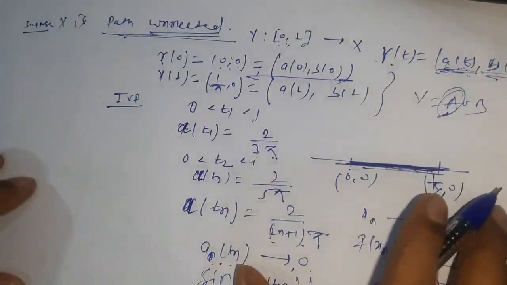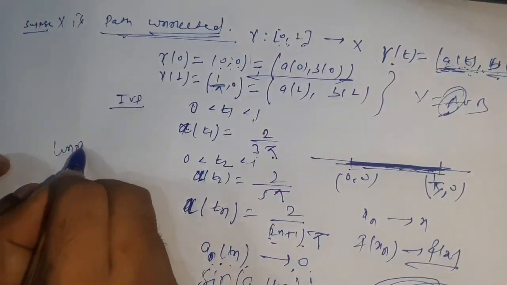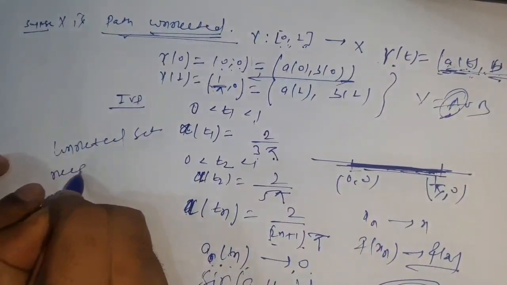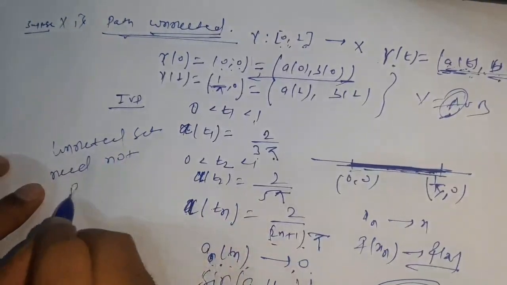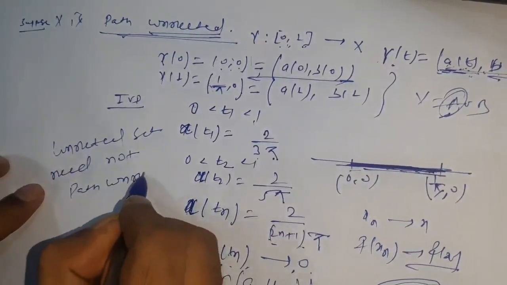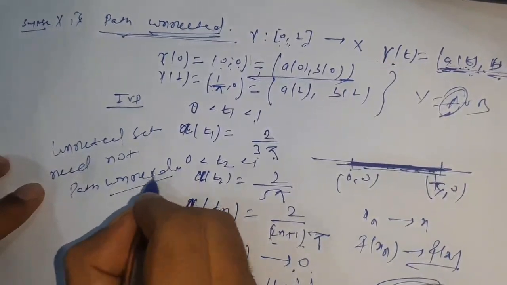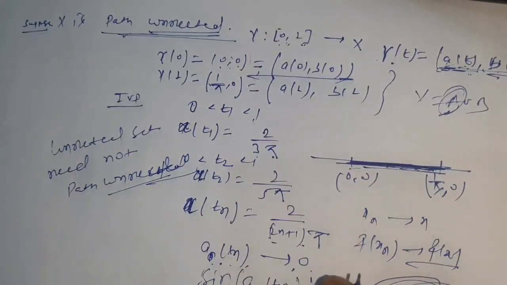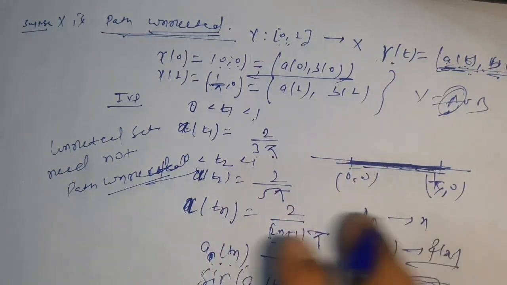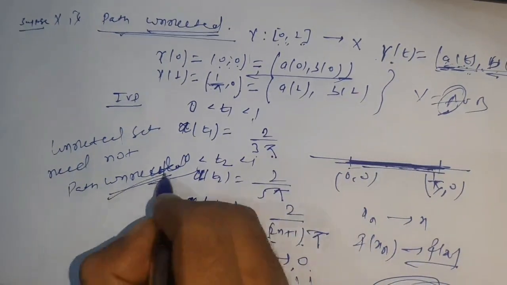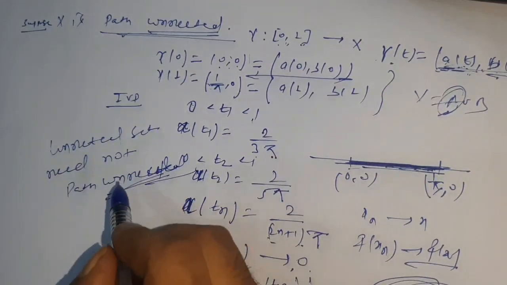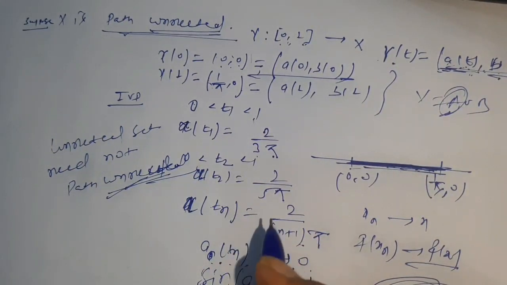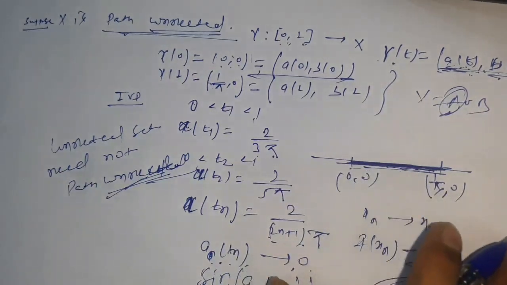So we can say a connected set need not be path connected. This is the counter example, or this is the proof that I have shown here. Okay, this is the proof that a connected set is not necessarily path connected, which is also known by the name of the topologist's sine curve.